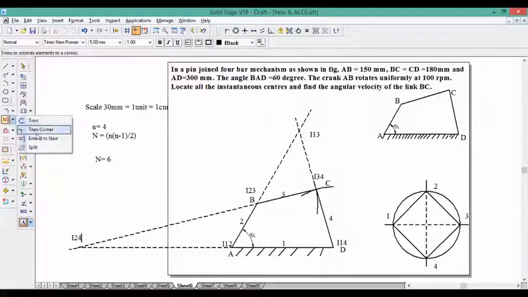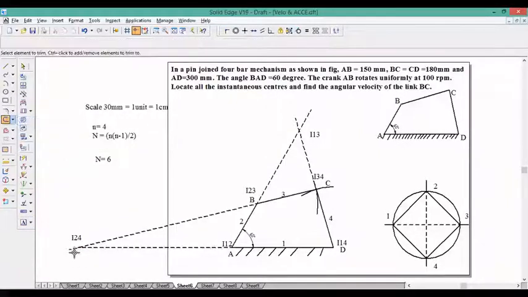So just for measurement, I'll trim the extra line. So now we have located all 6 instantaneous centers, that is using Kennedy's theorem and circle diagram. Now the problem of locating the instantaneous centers is completed.